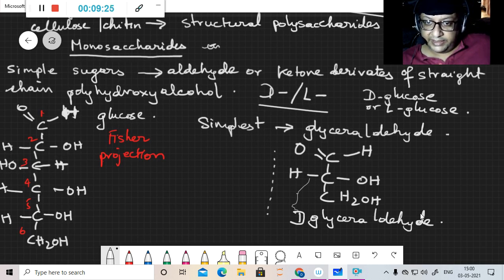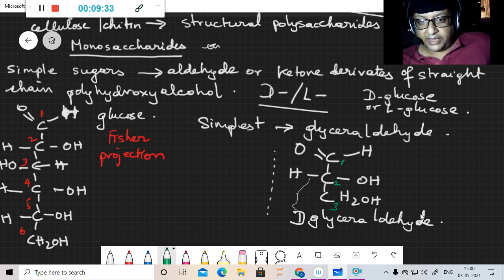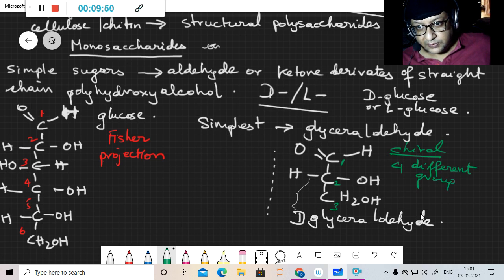Now you can see that this is carbon 1, 2 and 3. Which is the chiral carbon then? A chiral carbon is the carbon which is attached to 4 different groups. The first carbon is not attached to 4 different groups.